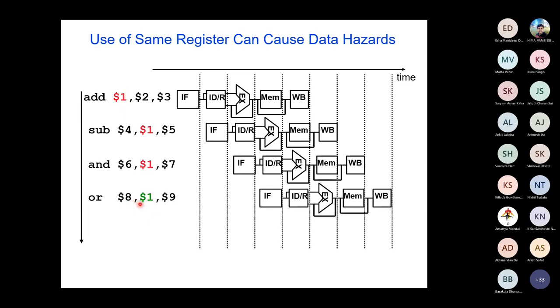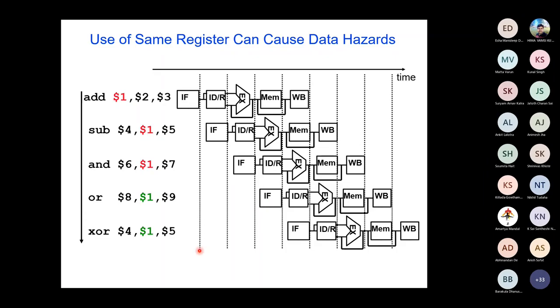This is destination. This is source. Is this okay or not okay? Yeah, this is okay, by the previous technique, right? Half cycle. Correct. Also okay, right?